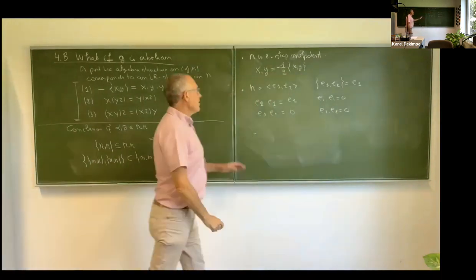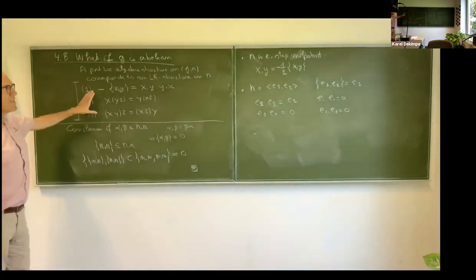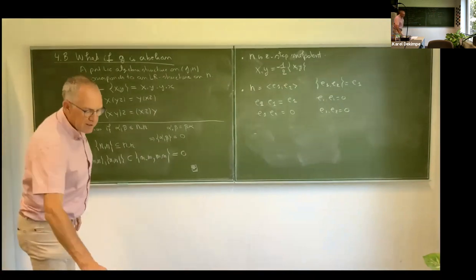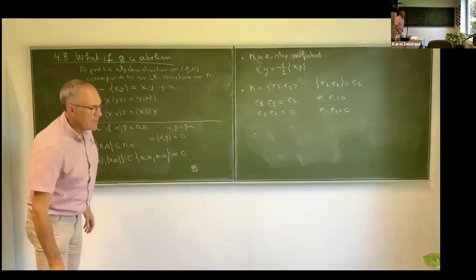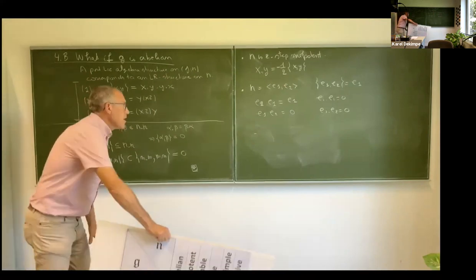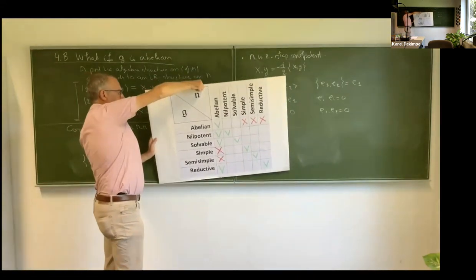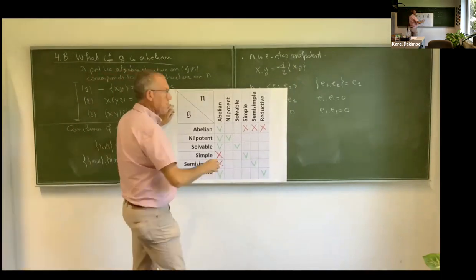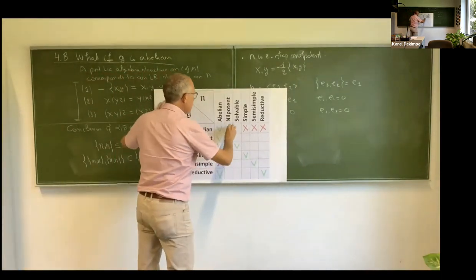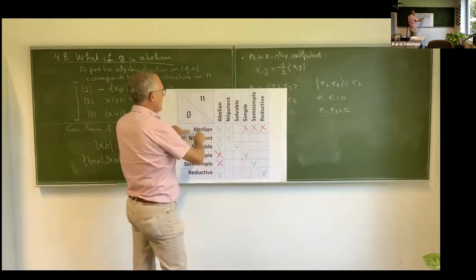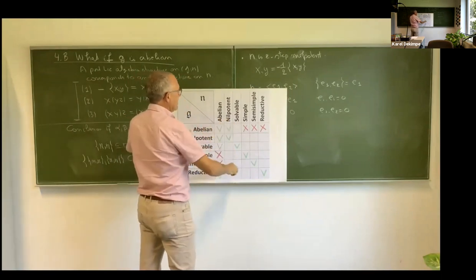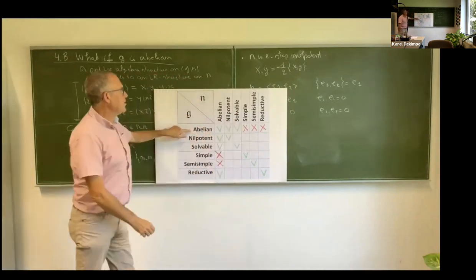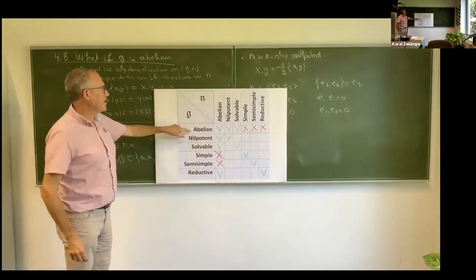And again, you check that the conditions are satisfied exactly the same way as I did, let's say, 10 minutes ago in the other case. So as a conclusion, I can fill up completely the first row. So indeed, we do have examples of abelian and nilpotent algebras together having post-Lie algebra structure, and of abelian and solvable algebras having the post-Lie algebra structure.